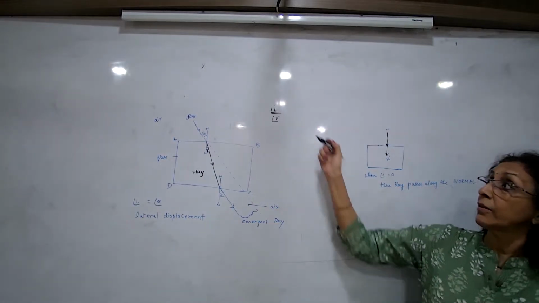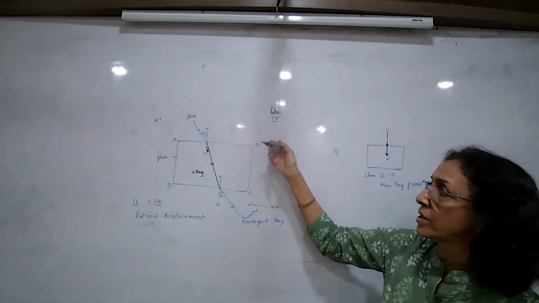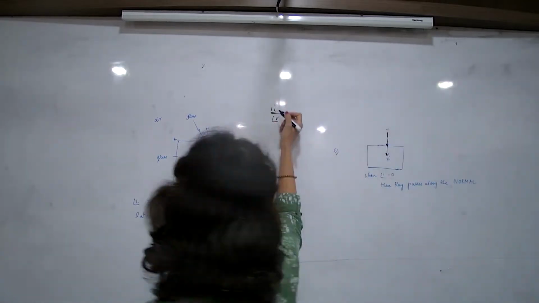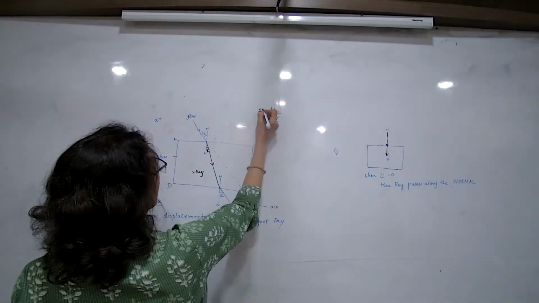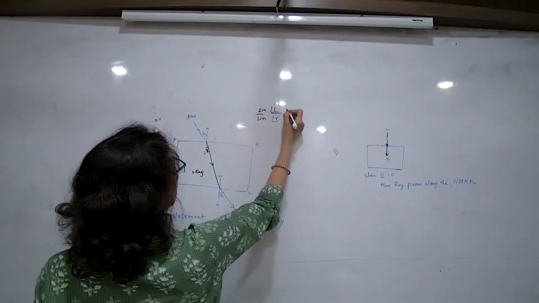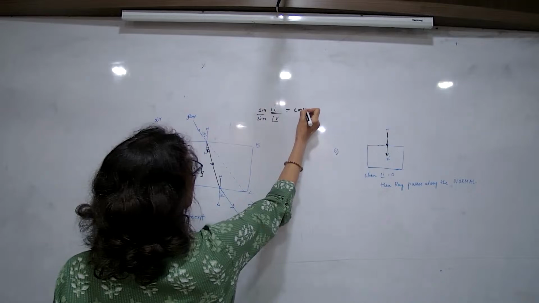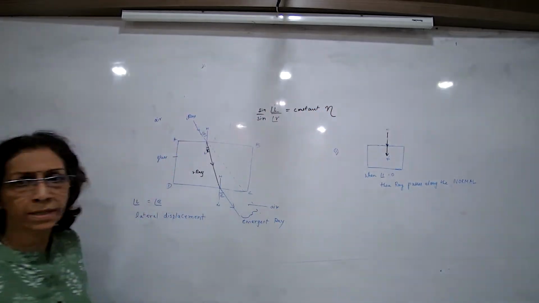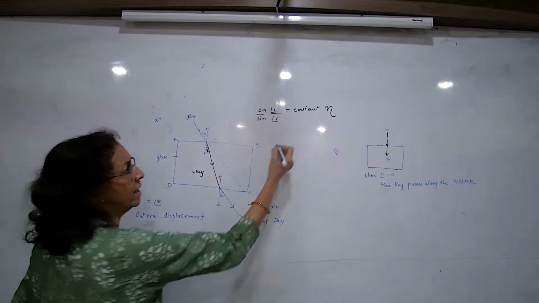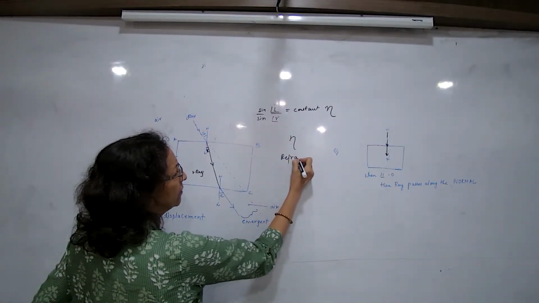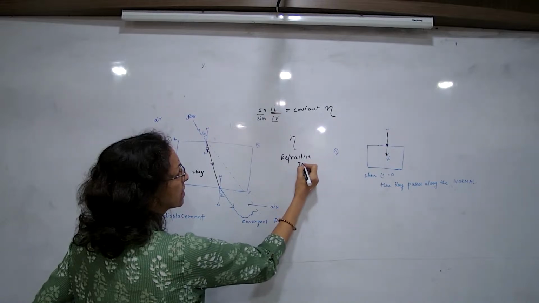So if you take the value of sin I, for example sin 40 or whatever it is, and find sin I to sin R, this is going to be a constant, and it is called the refractive index. How will we write that? It is like an N, but with a long tail. This is your refractive index.